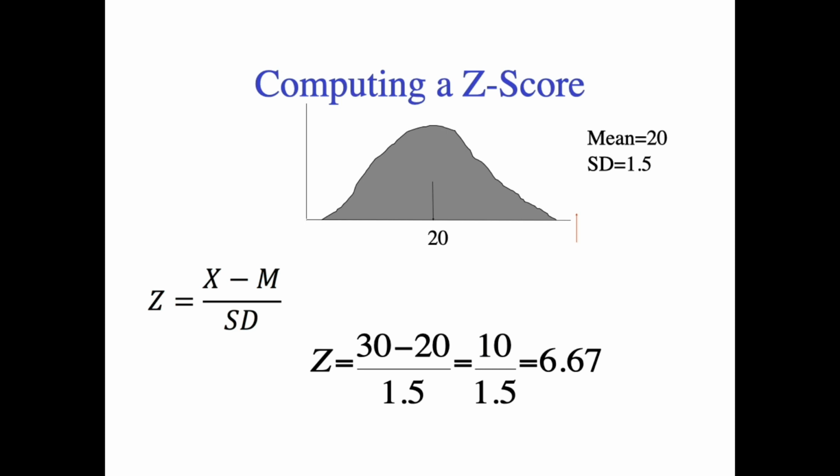So I've taken that person's x, 30, converted it to 10 over 1.5, or the value 6.67. So they now have a z-score that's 6.67. And if you look in my little picture here, you can see there's a red arrow off to the right. That's approximately where somebody would have a z-score of 6.67 or have a raw score of 30. They're very far away from the mean. They're 6.67 standard deviations away from the mean.